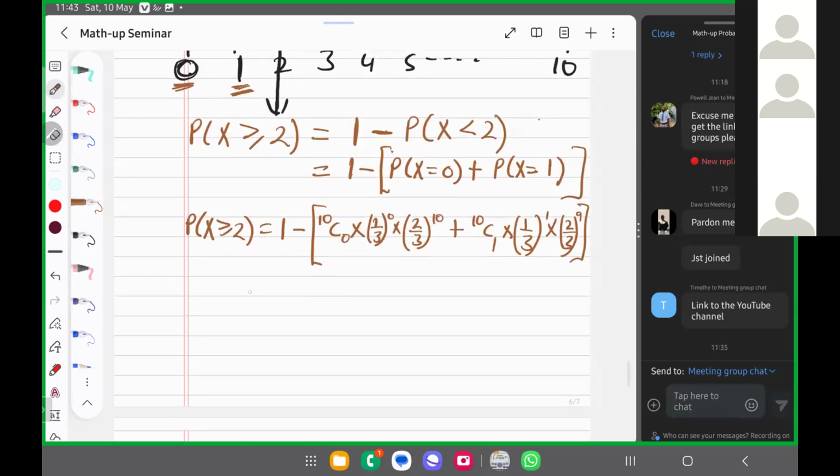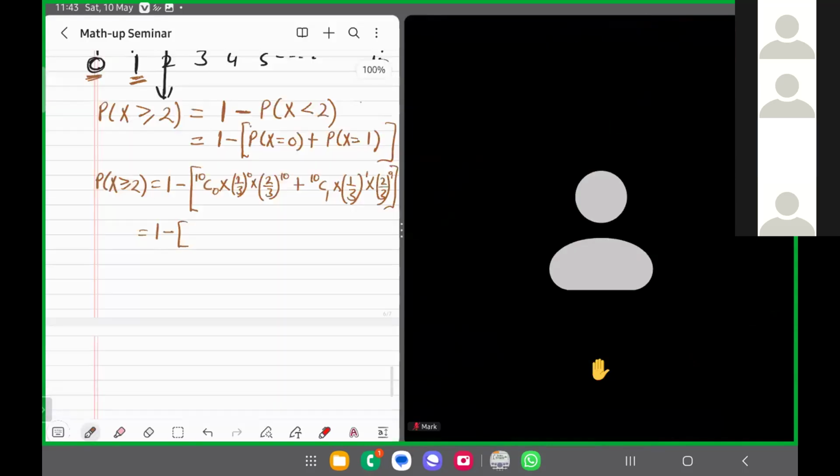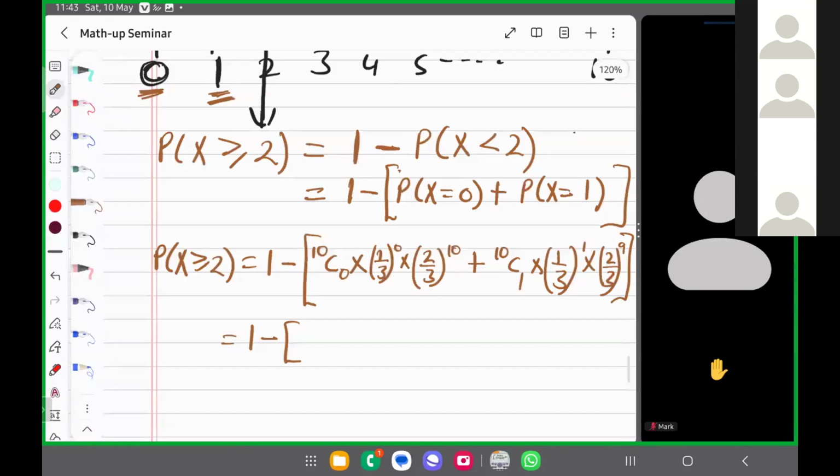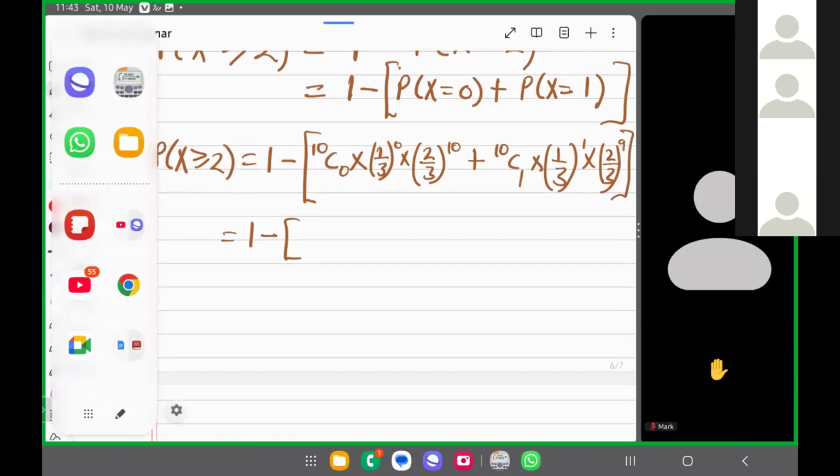So I would end up with 1 minus, which values are you people getting? Is someone calculating those probabilities?